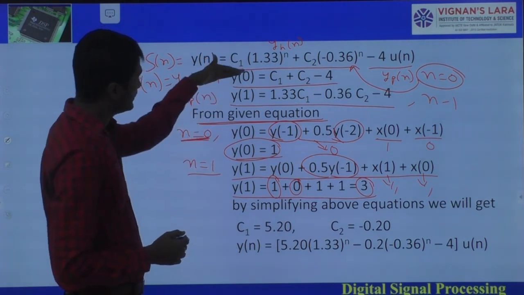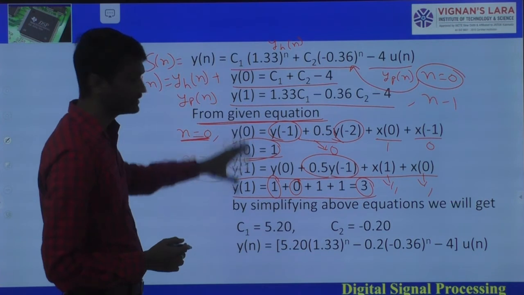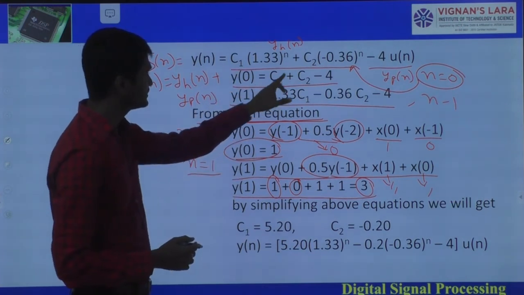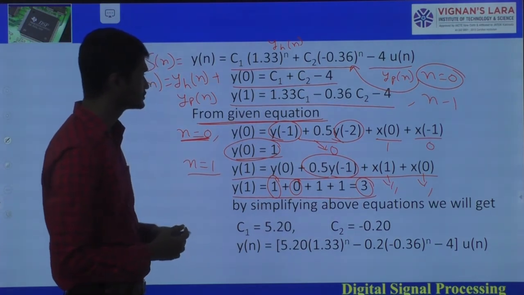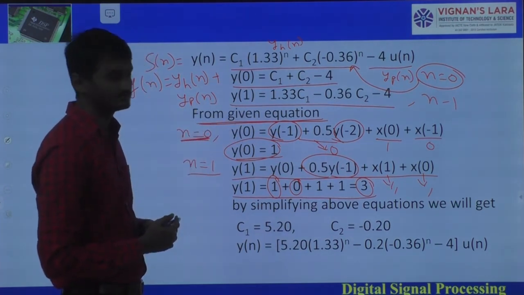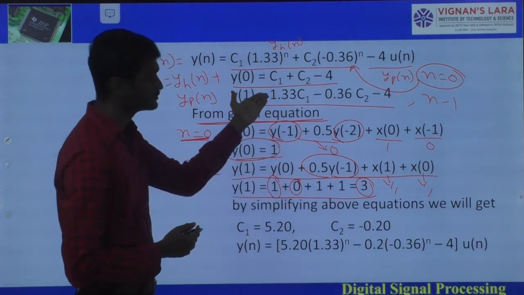Now y[0] and y[1] are both available, and we have to equate these two. Then C1 plus C2 minus 4 is equal to 1, so C1 plus C2 equals 5. Like that, we equate y[1] to 3.